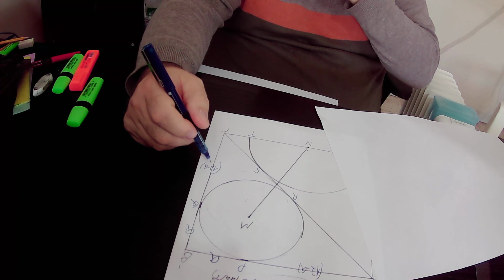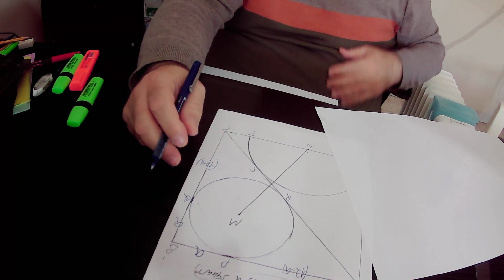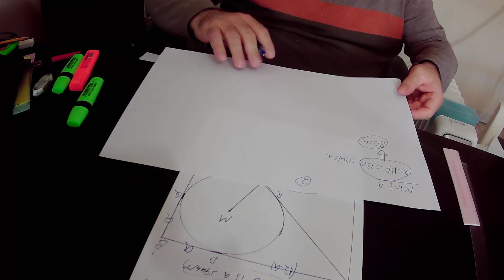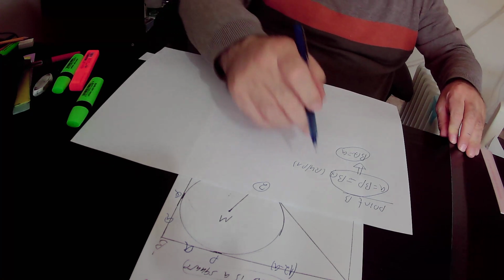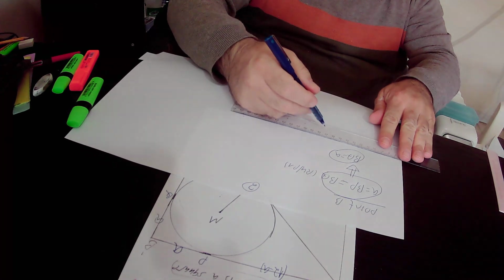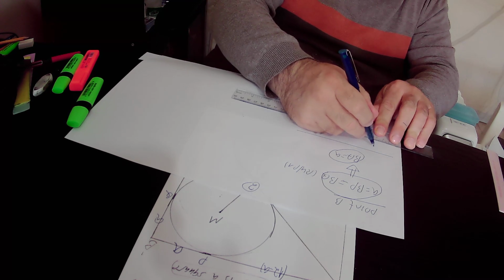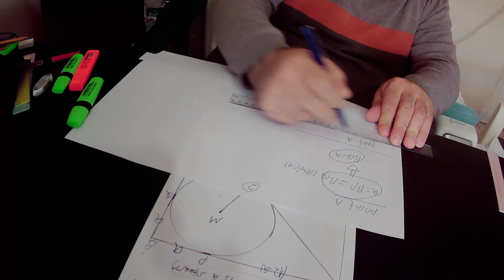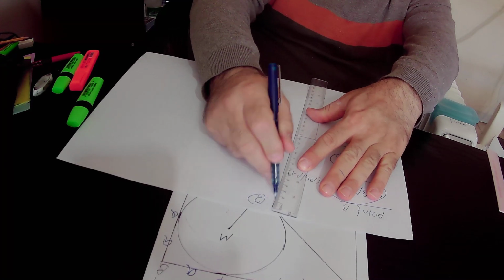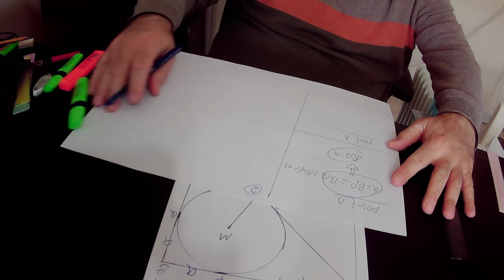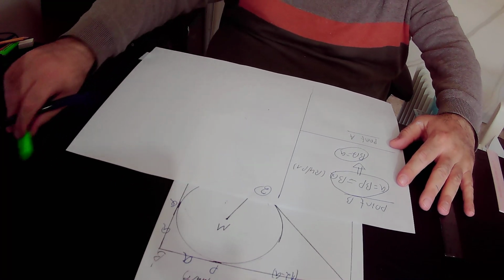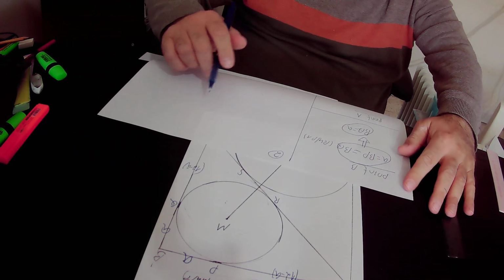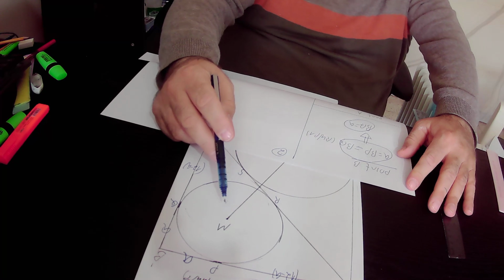And here we'll focus on point A. From the external point A, we have two tangents to this circle.